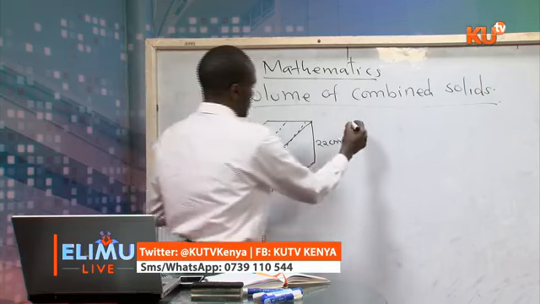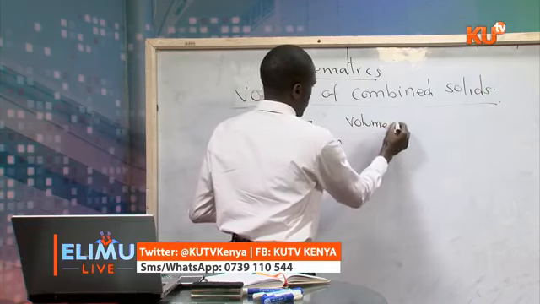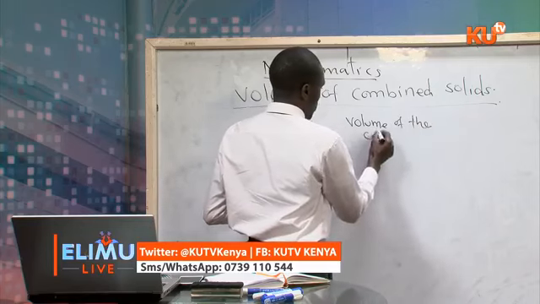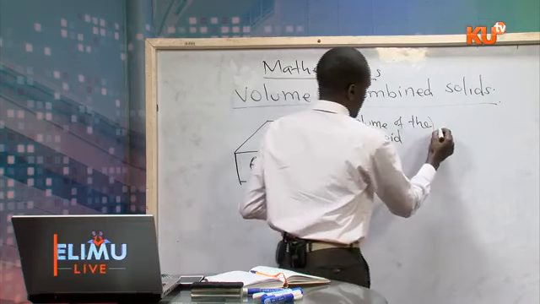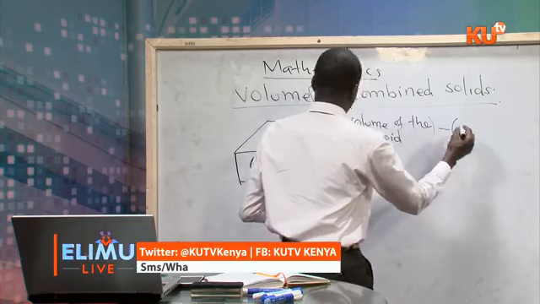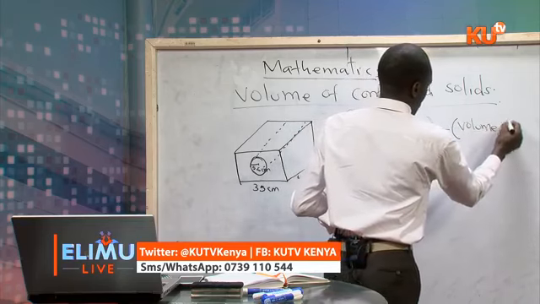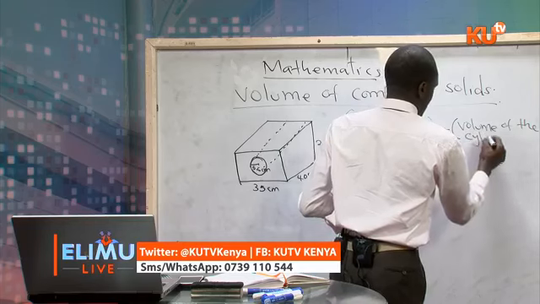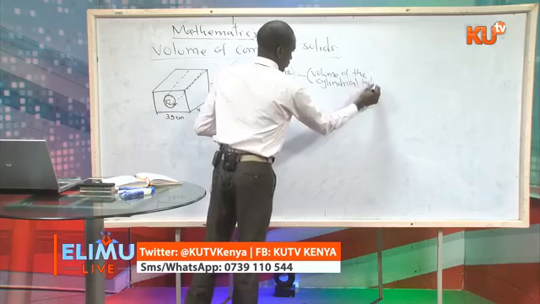Here we say volume of the cuboid take away volume of the cylindrical hole.